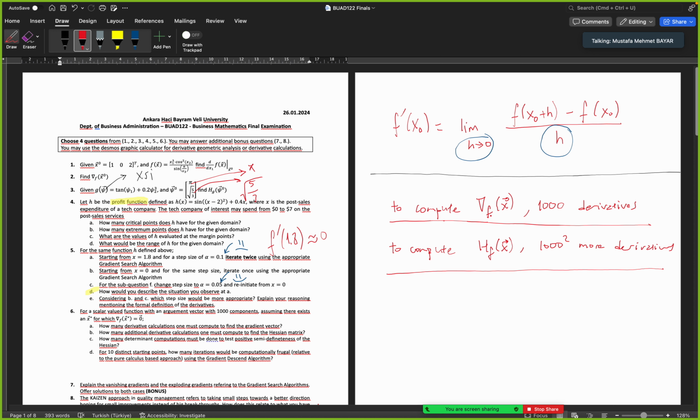And the positive semi-definiteness test requires computing the determinants of each principal minor of the Hessian, and a Hessian with 1000 rows and 1000 columns has 1000 principal minors.